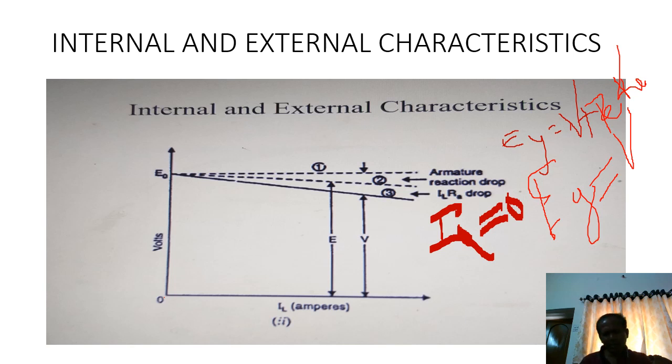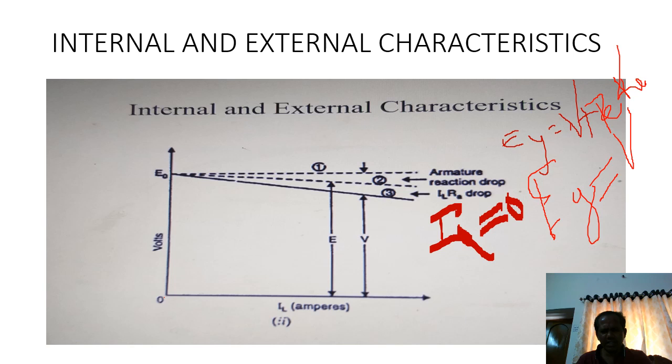When load is applied, armature current passes through the circuit. So IL is equal to Ia, and due to this, the demagnetizing effect is also considered at this condition.